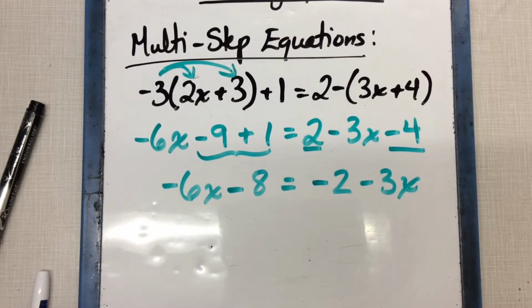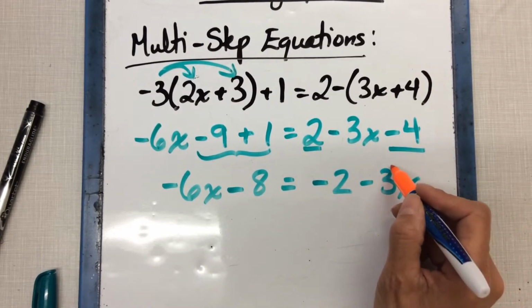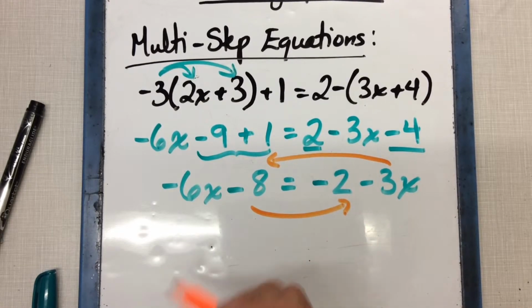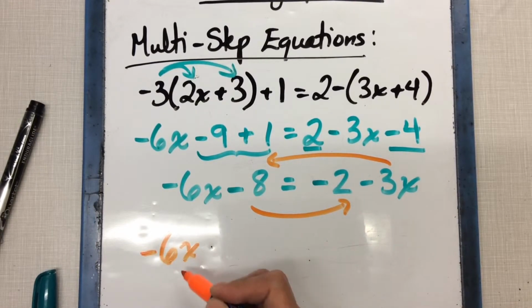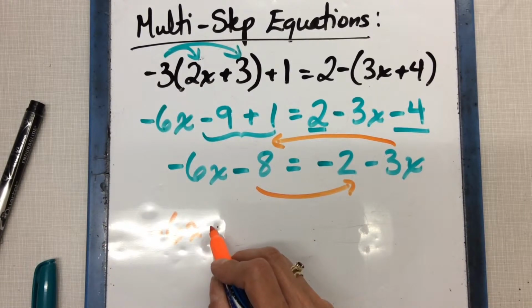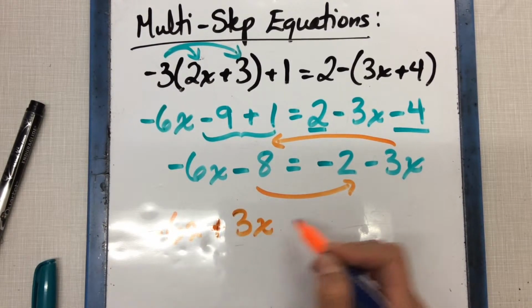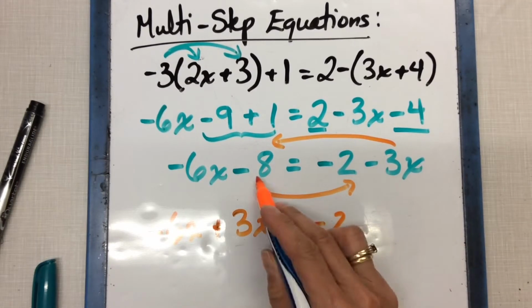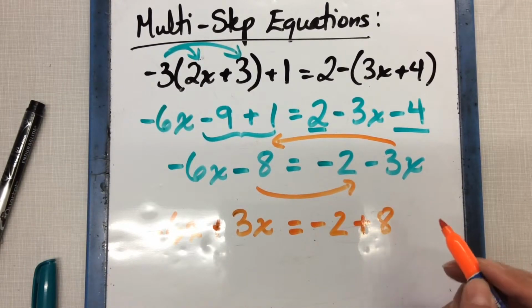Let's get the x's and the numbers on opposite sides of each other. Let's bring this one over, and let's bring that one over there. And so now I have negative 6x plus 3x, because I've got to use the opposite operations, negative 2, and then plus 8.